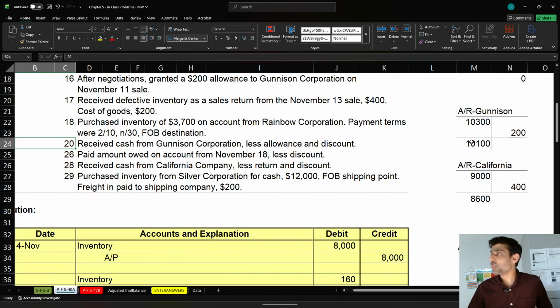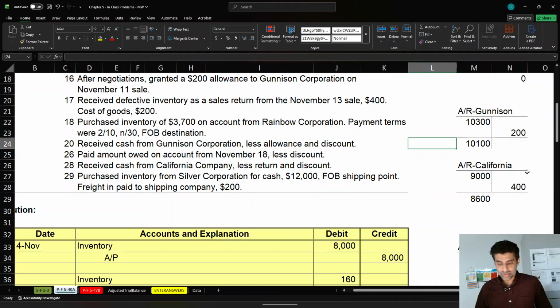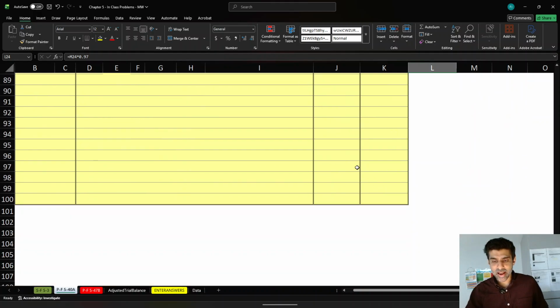Okay, so 3% means that they're going to pay us 97%. But 97% of what? It's going to be 97% of this outstanding balance. So I can just do a quick calculation here. We're going to receive $9,797 in cash from Gunnison. That's the check that they're going to write us, because it's going to be for the amount they owe less the discount. Okay, so I'm just going to debit 9797 right now.